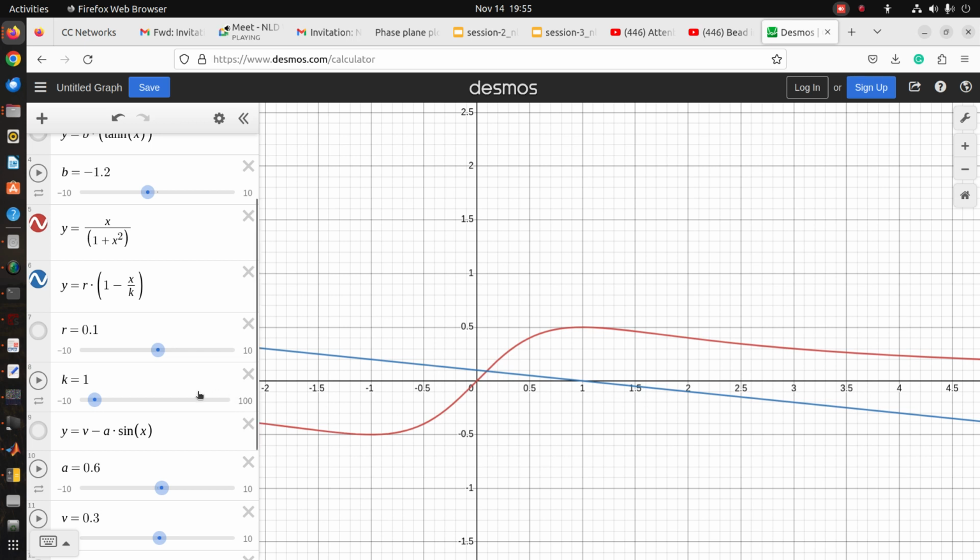Now you can see that when your value of r is greater than 0, you will have one fixed point, that is this point intersecting between both the curves.